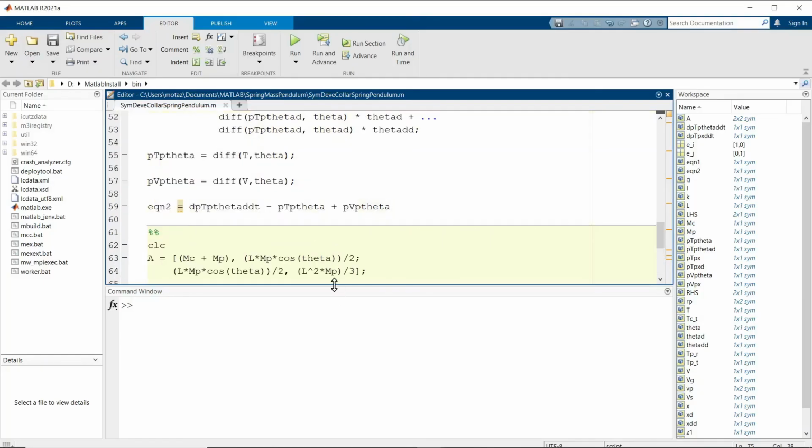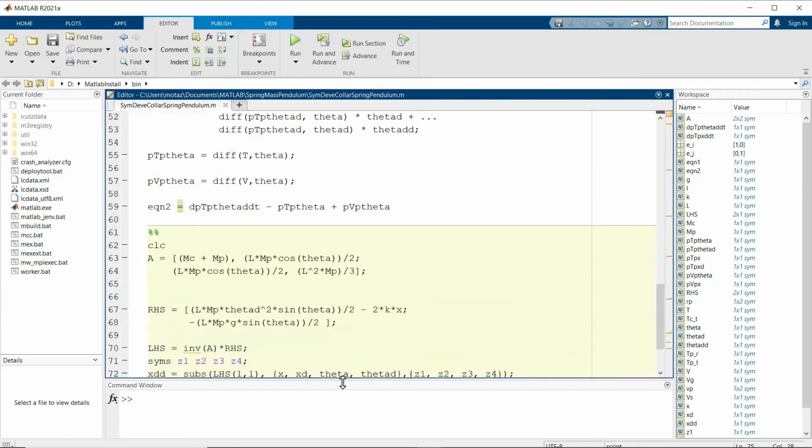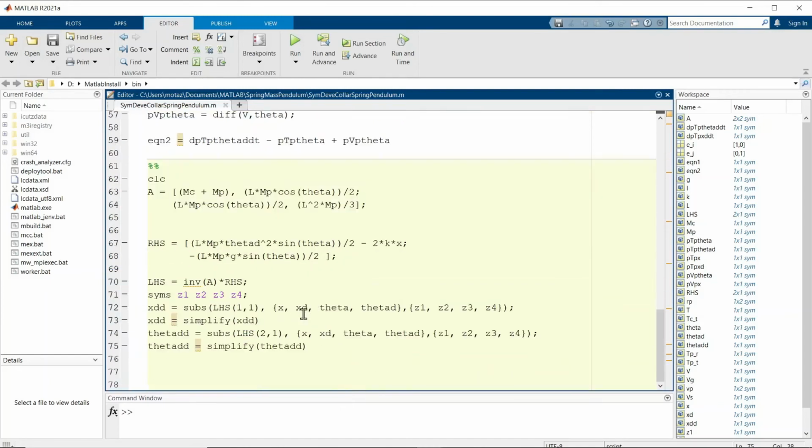Okay, so here in these few lines of MATLAB code, we just do what we said on the previous slide, where A is the 2 by 2 matrix and the right hand side is the column matrix with everything without a theta double dot and an x double dot in it.